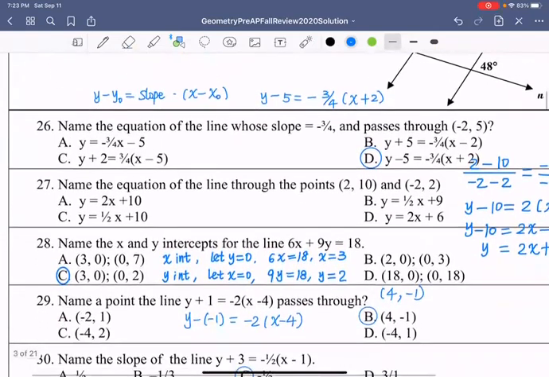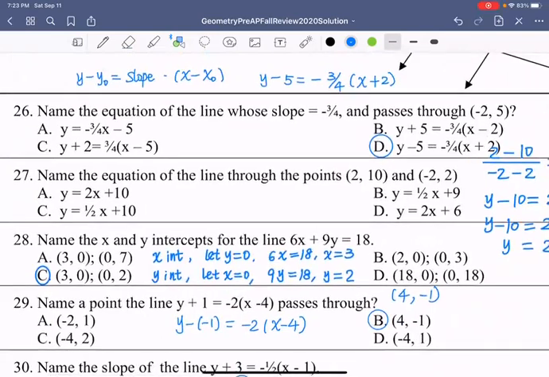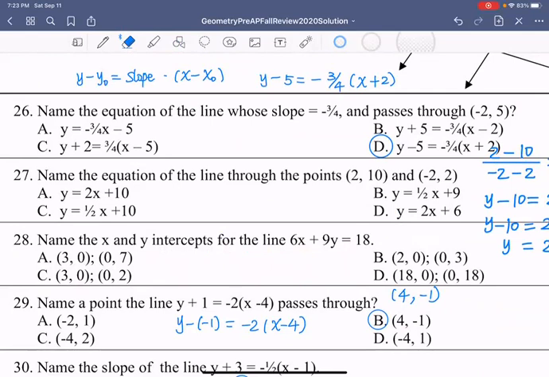Next one. 28. Annie, can you show me how do I calculate x and y intercept, please? So for x-intercept, you make y equal to 0.